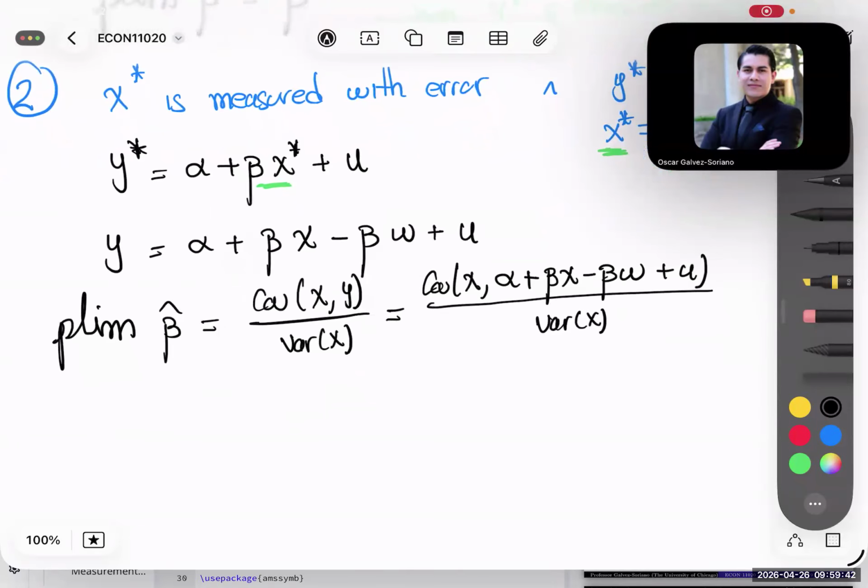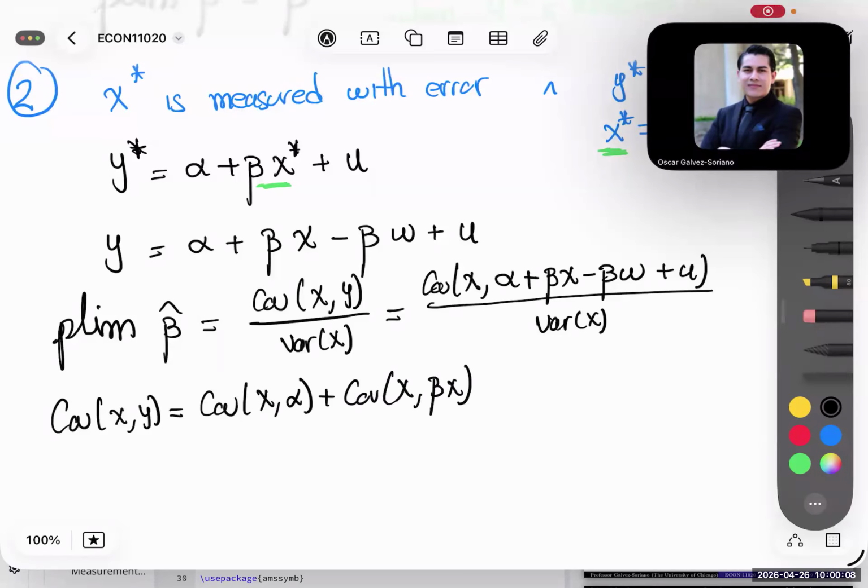This is the interesting part, because now if we just work with the covariance, which is the numerator, we will be forming pairs. The first pair is x and alpha. The second pair is x and beta x, which at this point you know clearly refers to beta times the variance of x.